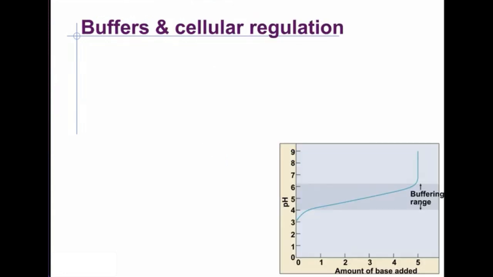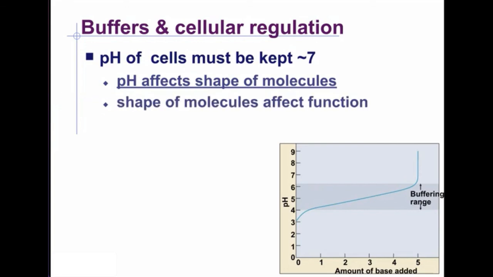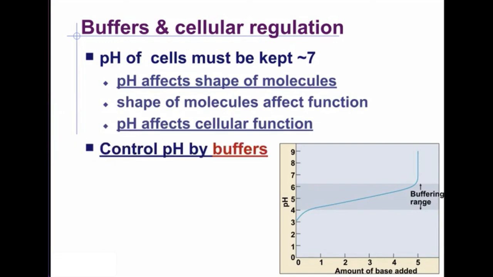Now, buffers. What's the importance of a buffer? The pH of cells must be kept at 7, and pH affects the shape of molecules, and the shape of molecules affects their function, so pH affects cellular function. Therefore there are buffers that control pH changes in the cells.